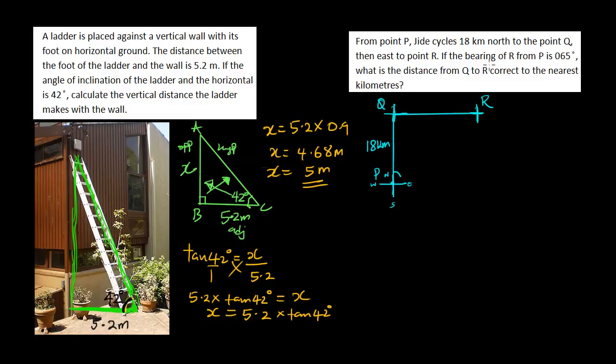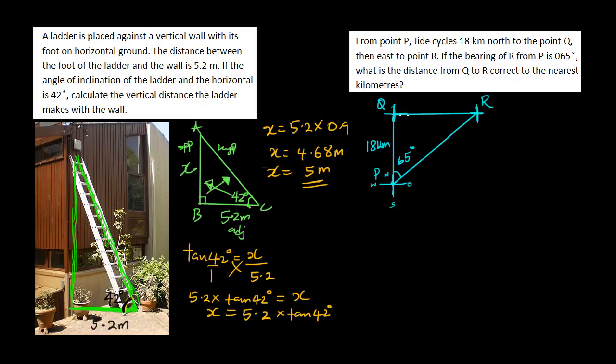That's why we are starting from P and not R. The bearing from P is 65 degrees. So we go to R from P, and this angle here is 65 degrees.